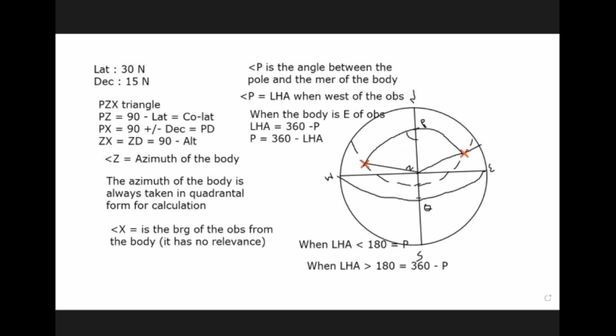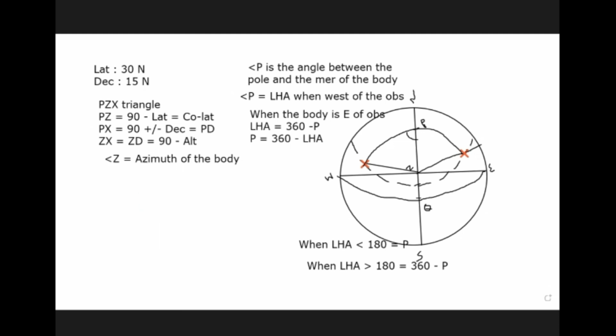So now we come to here. When we come back here, let us do this little bit. We have already got these parts. Let us do further. Angle Z equal to azimuth.